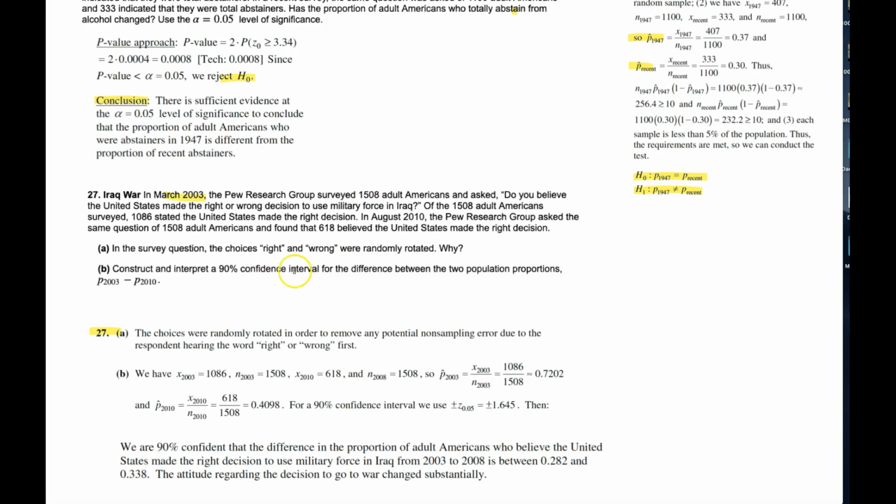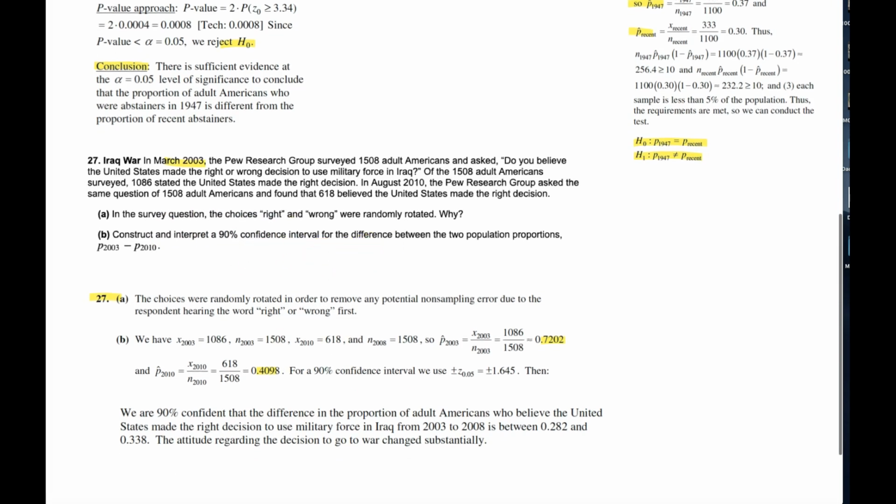Now we're going to do a hypothesis test and a confidence interval so we can explain, is there a difference? One group was 618 out of 1508, and the other was 1086 out of 1508. You can see there is a difference, but we want to construct a 90% confidence interval to see if there's an actual difference.